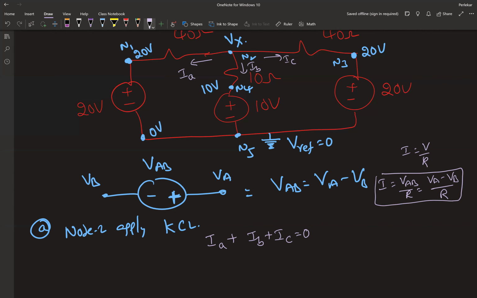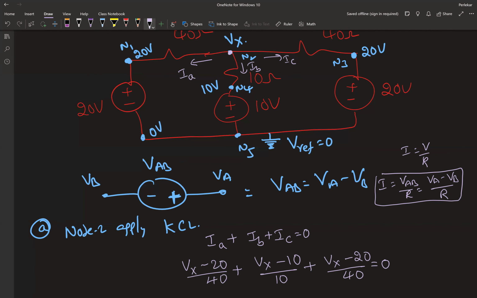So IA plus IB plus IC equals 0: (Vx minus 20) over 40, plus (Vx minus 10) over 10, plus (Vx minus 20) over 40, equals 0.